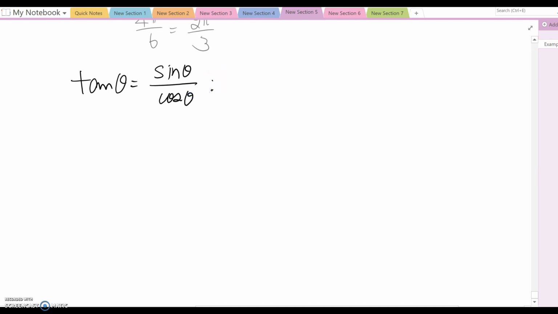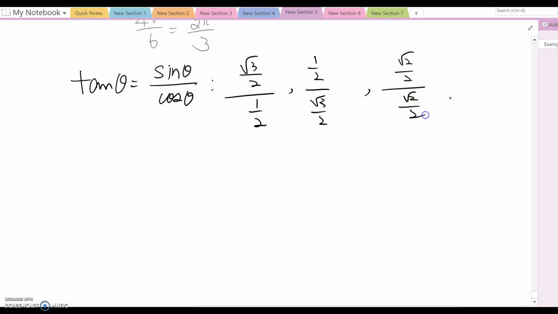So now we can generate root 3 over 2 over 1 over 2, 1 over 2 over root 3 over 2 for the 30, 60, 90 case, and for the 45 case only root 2 over 2 over root 2 over 2.